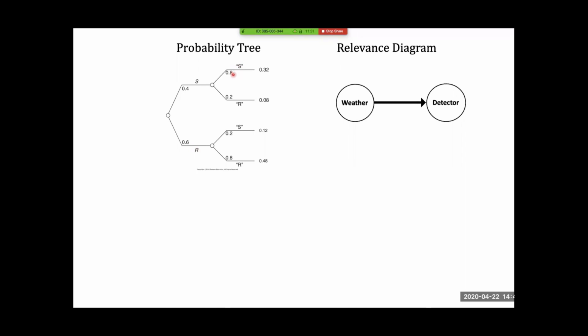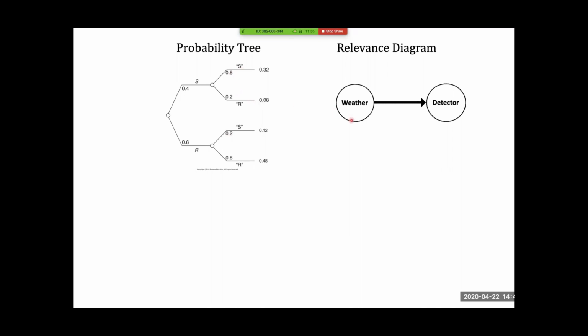We know they are relevant to each other because, depending on the weather, the probability that the rain detector reads sunny is different, 0.8 versus 0.2. These two conditional probabilities differ. That's how we know that weather and the rain detector's message are relevant to each other.